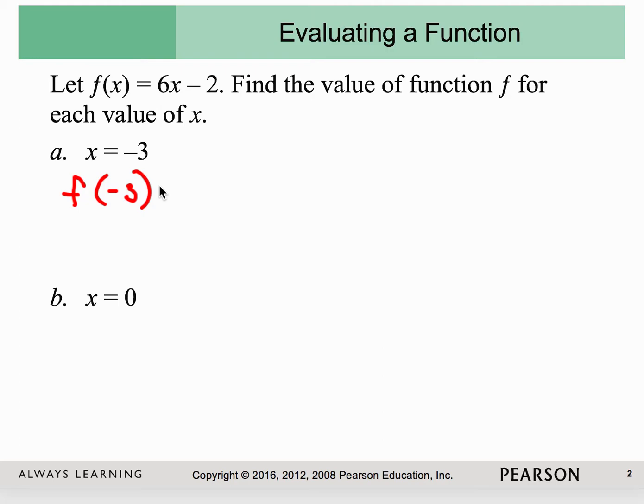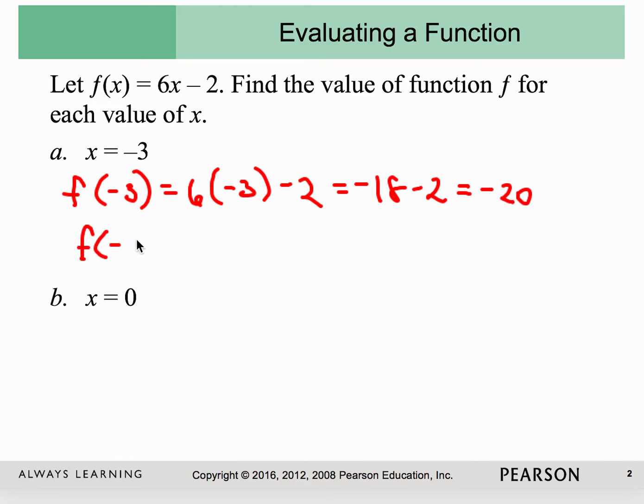So f of negative 3 is 6 times negative 3 minus 2, or negative 18 minus 2, or negative 20. Function notation tells me a whole bunch: when x is negative 3, y, which is f of x, is negative 20.